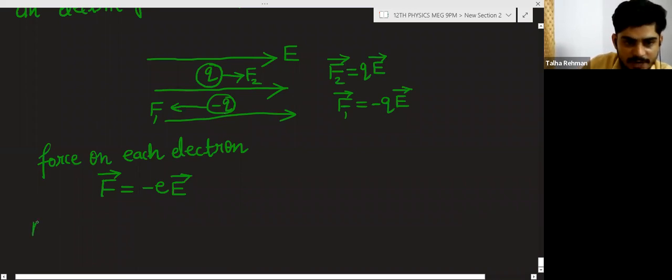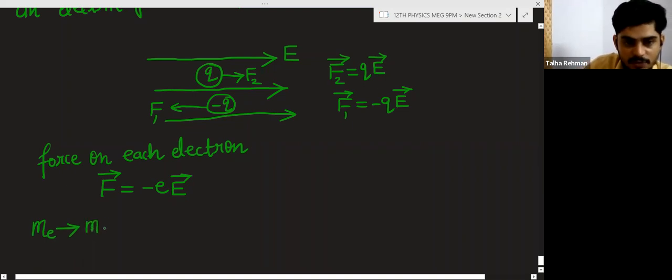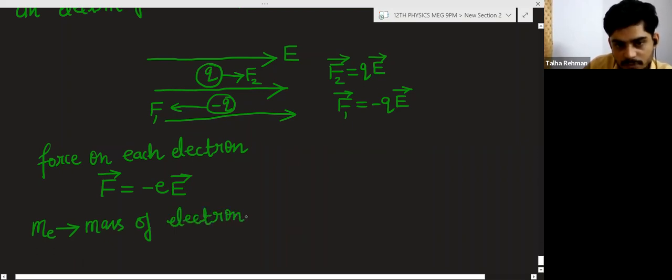So I am taking me as the mass of electron. An electron has the charge, and the electron has mass also. If me is the mass of electron, do you know force is equal to mass into acceleration?